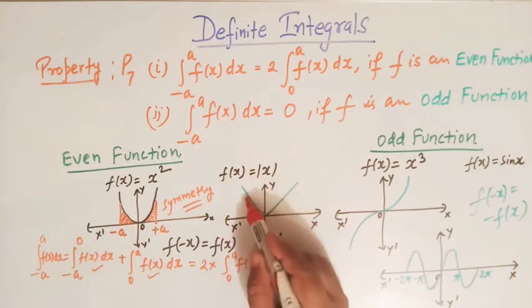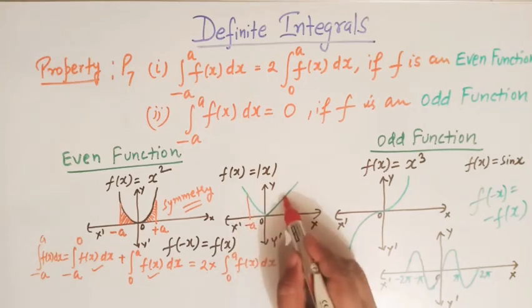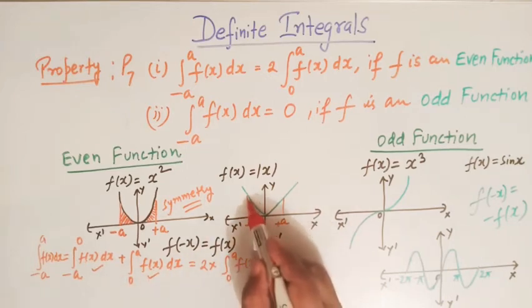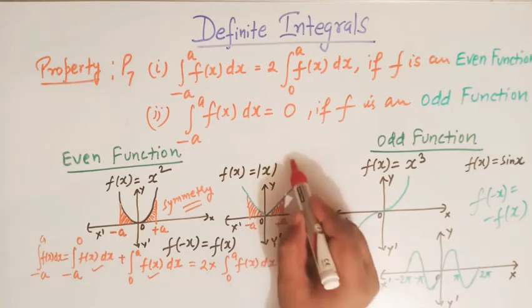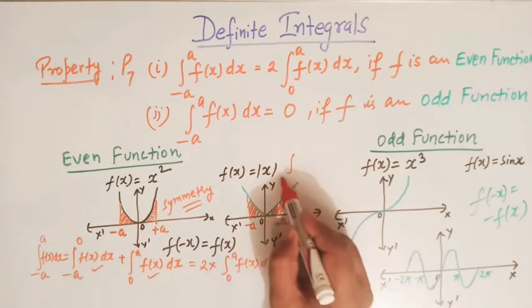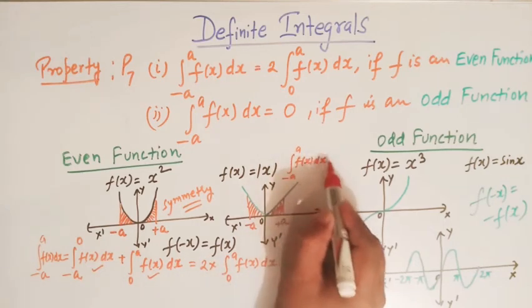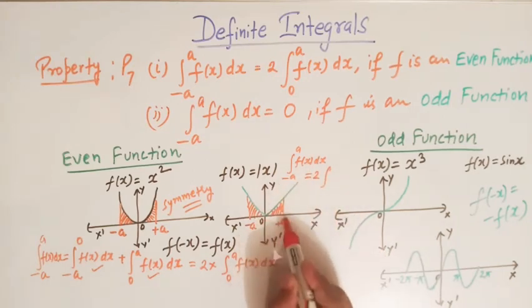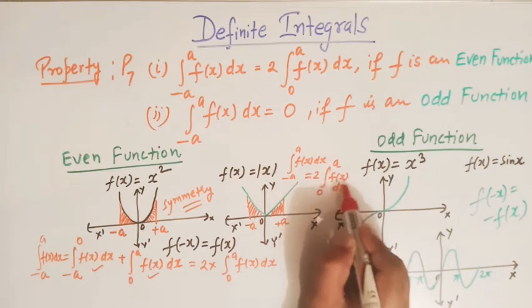Similarly, if we take this case, suppose we have to find the area from this point to this point, then see, here we have this area and here we have this area, and both the areas are equal. So therefore the integral from minus a to a of f of x dx is obviously equal to 2 times the integral from 0 to a of f of x dx, right?